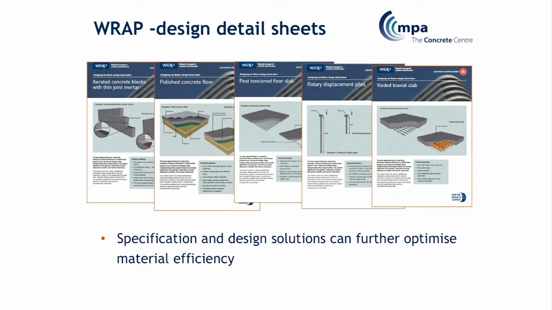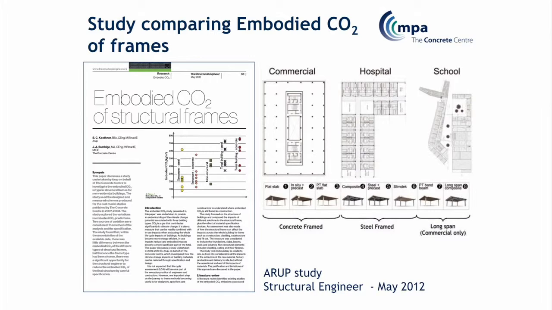And this is leading on to the next aspect of thinking about how you design with concrete sustainably, and that is what framing systems do you use? What type of concrete do you use within your design? What is the most sustainable one to use? Arup did a study in The Structural Engineer. There's a very good article there, comparing different structures.